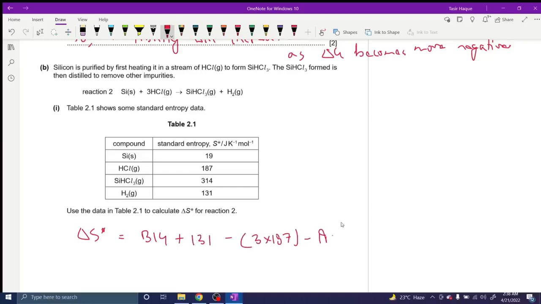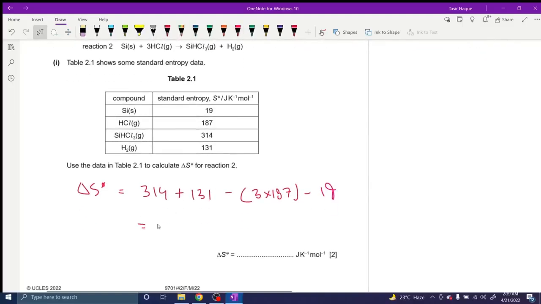This variant is quite easy, honestly, till now. You could get full marks till now. We're getting a value of minus 135. So del S is negative, which is bad.